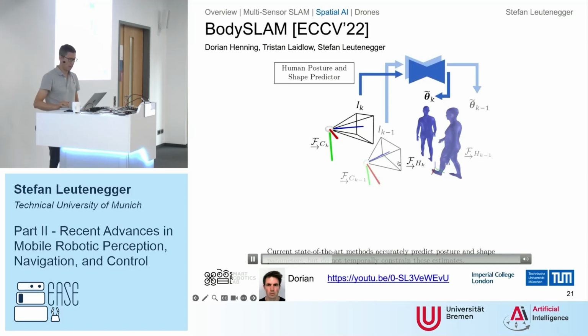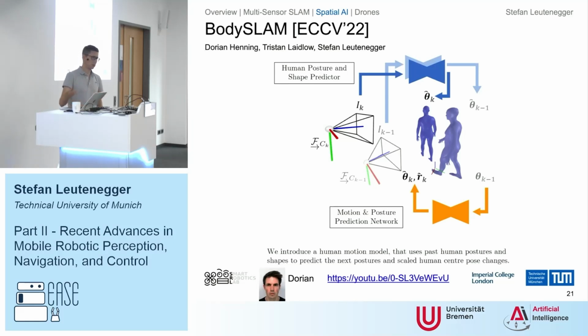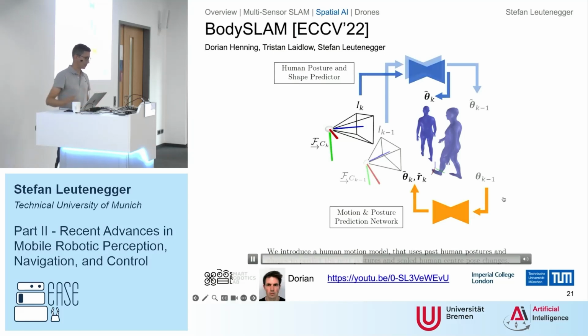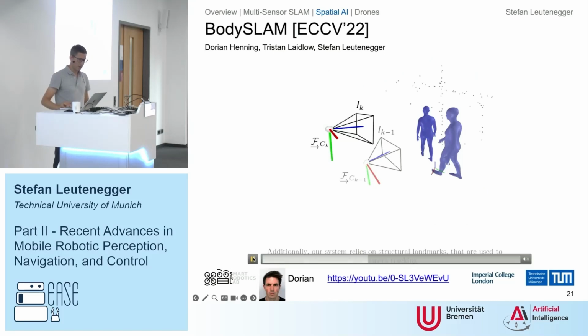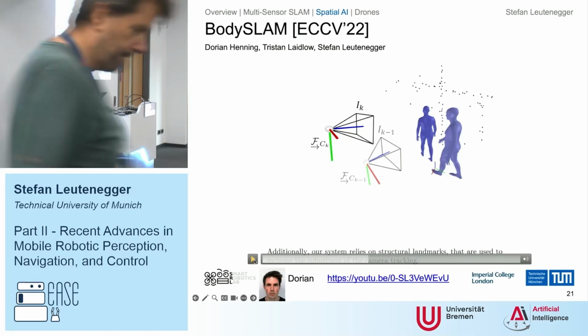So we're using image-based detection and human posture and shape estimation, but at the same time we're also combining that with a motion model that has been learned, maybe addressing some of the questions before. If you're trying to model somehow how a human moves, you probably have lost already, right? So you need to have a learning-based dynamical model here for the people.